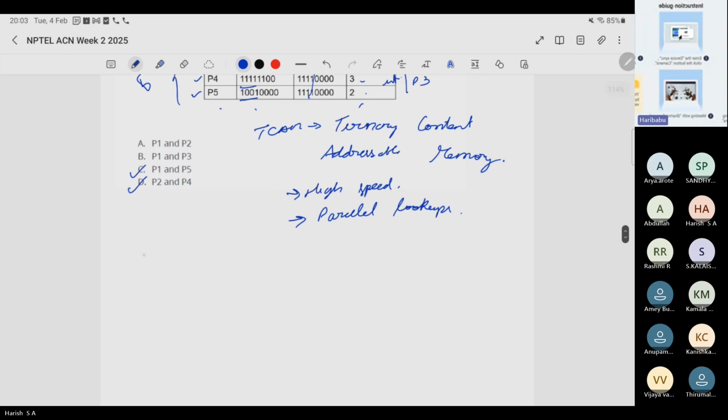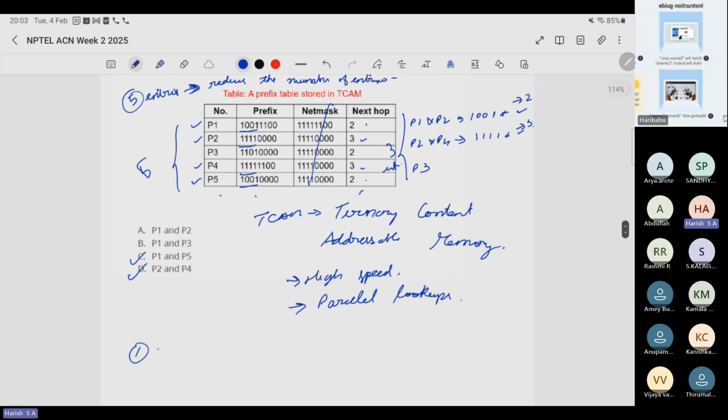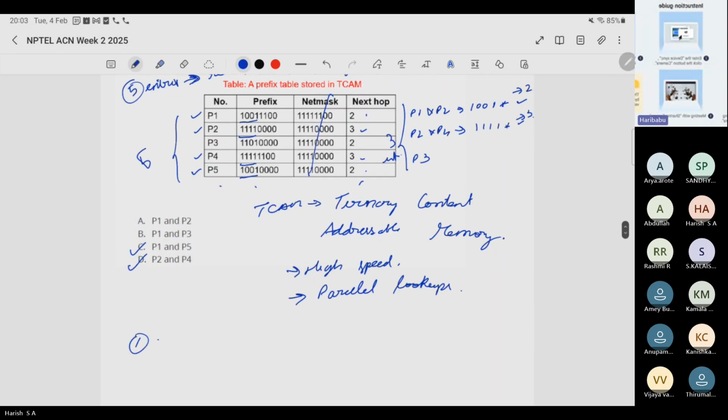So when you consider these three, step two here is only look at entries with the same next hop, right? Why is that? Because how can you merge something when the next hop is not the same? It has to be the same.